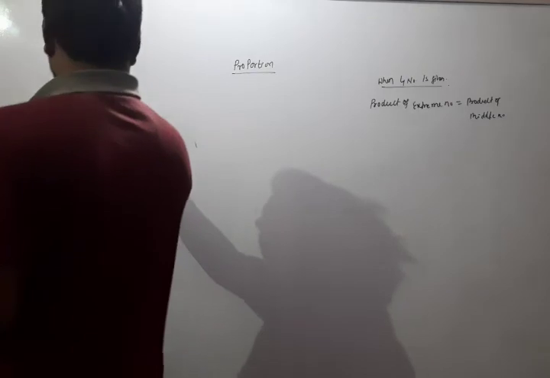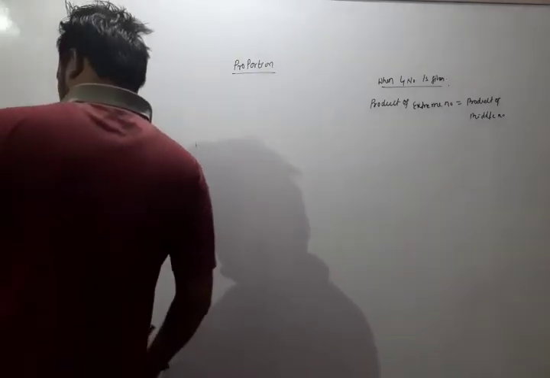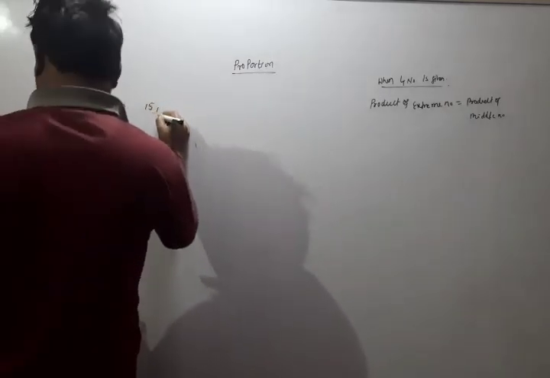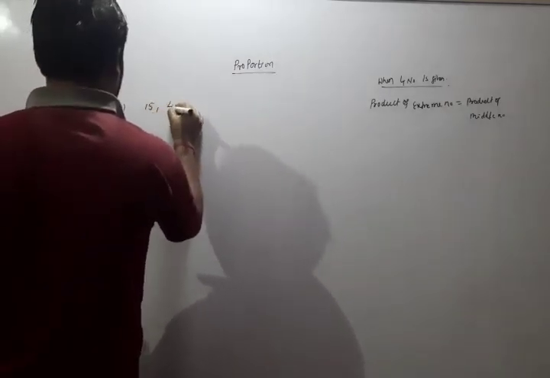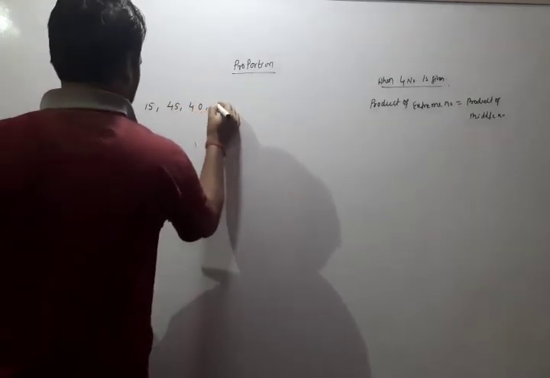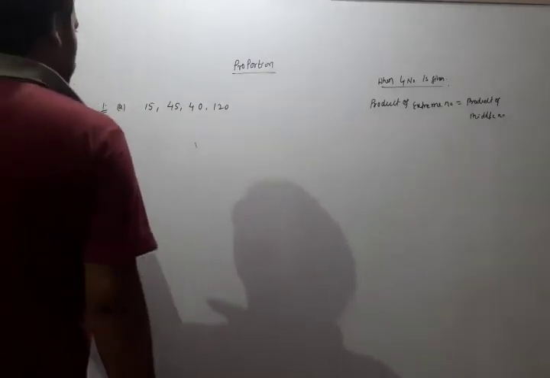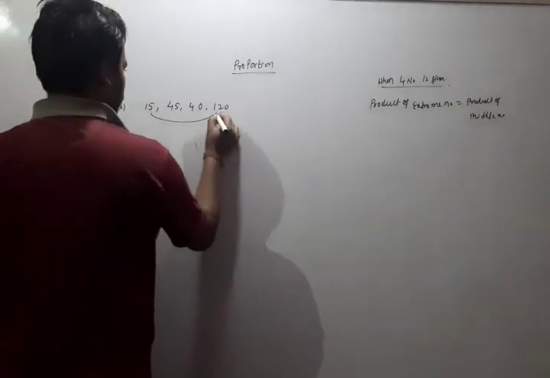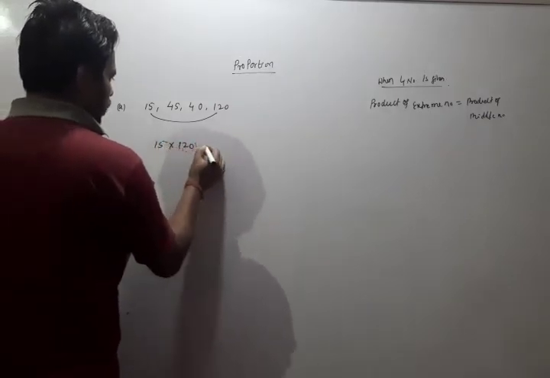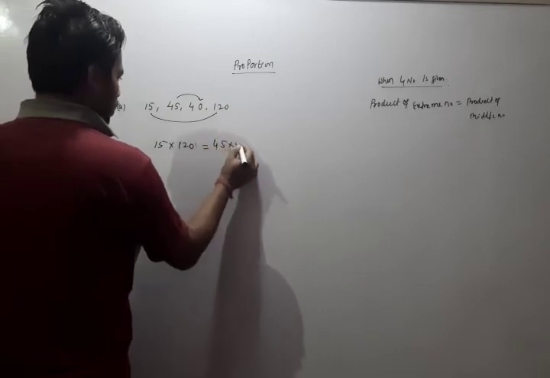So in question number 1, part A, the numbers given are 15, 45, 40, 120. Now see, multiply the extremes: 15 multiplied by 120, and the remaining two, 45 into 40.